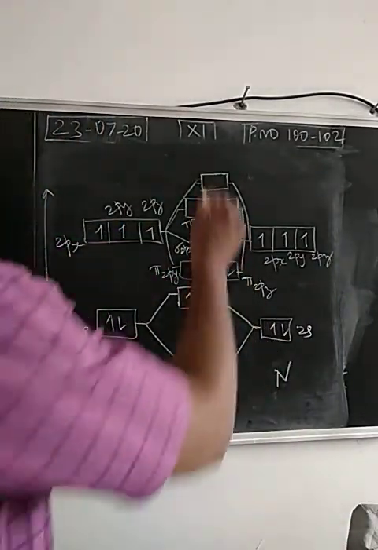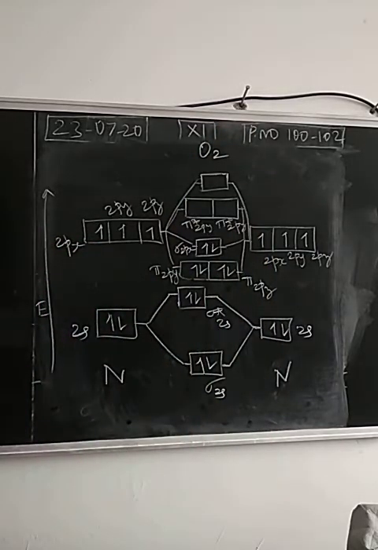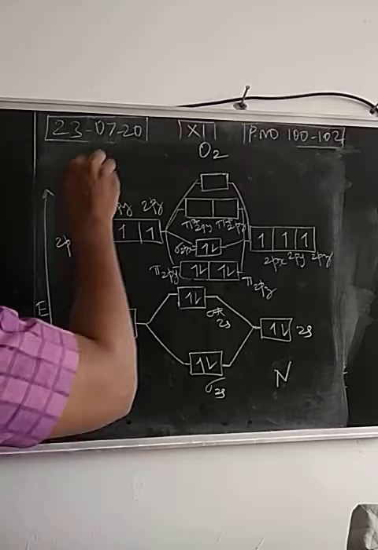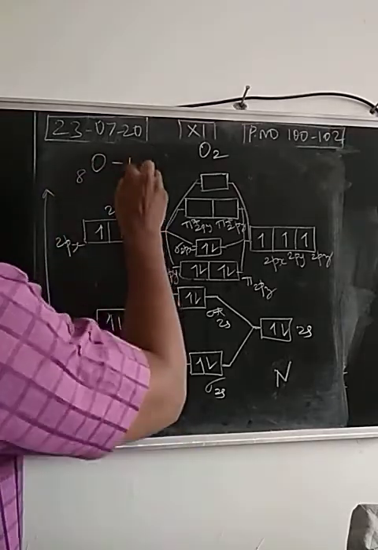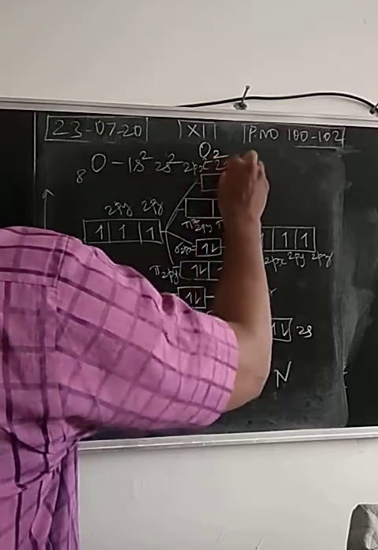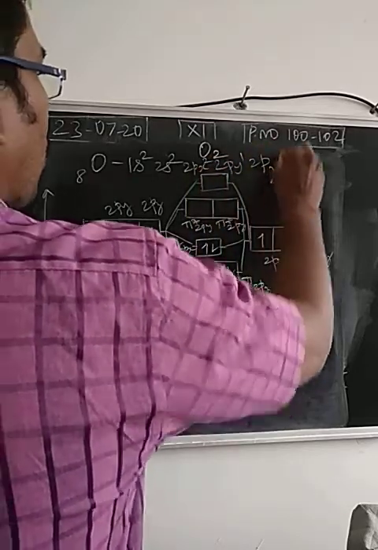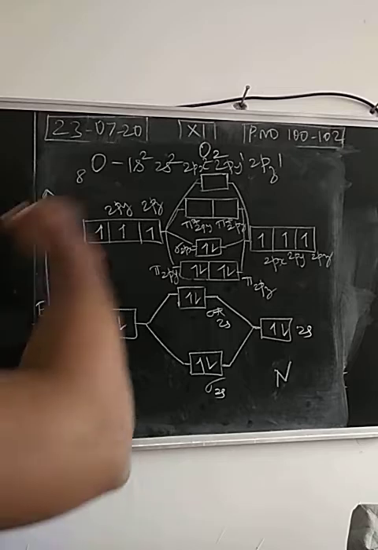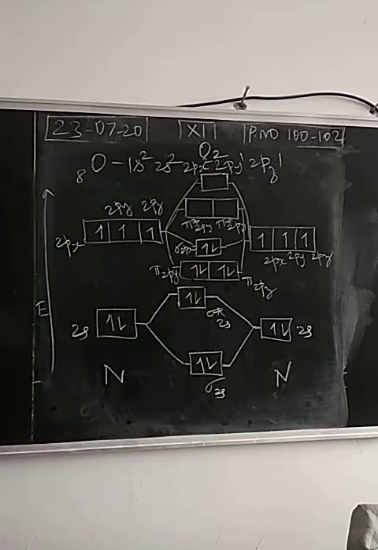Next one, formation of the oxygen molecule. For oxygen, electronic configuration 1s2, 2s2, 2px2, 2py1, 2pz1. Totally 8 electrons, placed in this order.